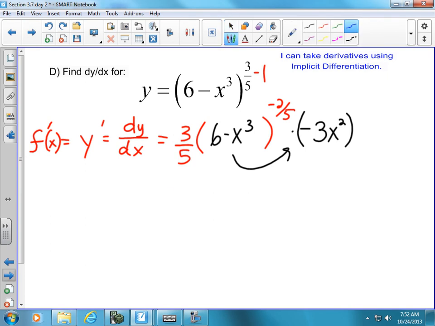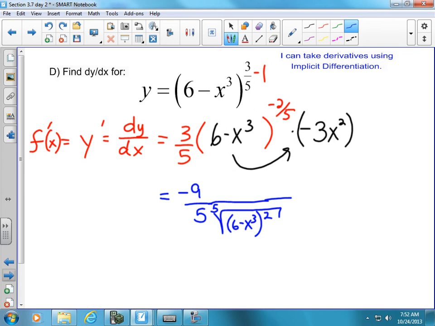And that's our answer. Let's rewrite it. Negative 9 over 5. And we could write this to be a little fancier if we wanted. This could be written as the 5th root of 6 minus x cubed to the 2nd power.